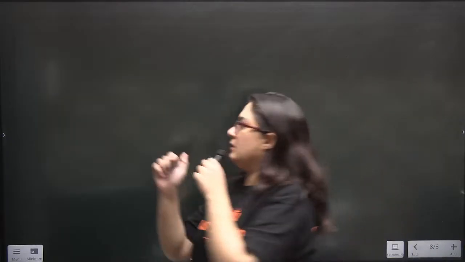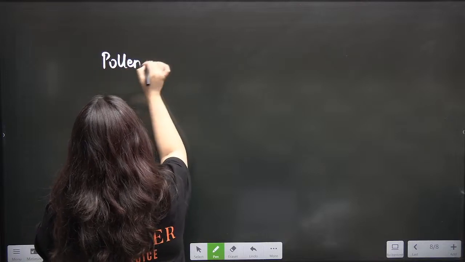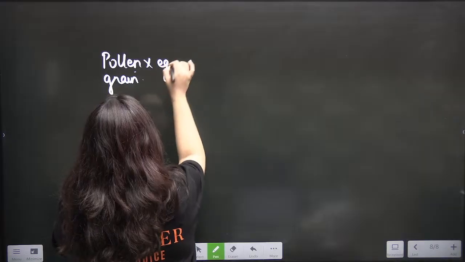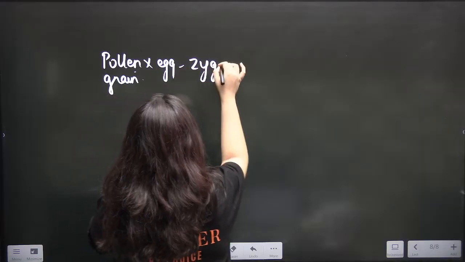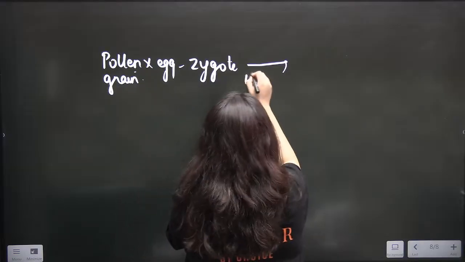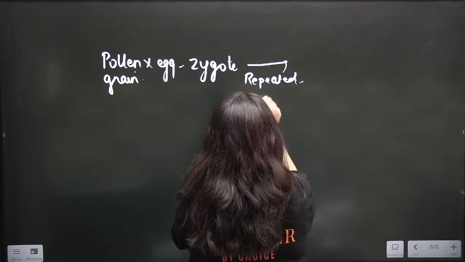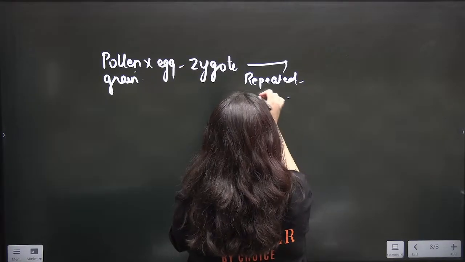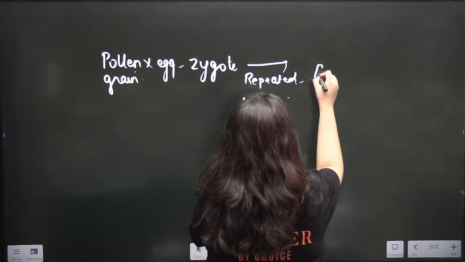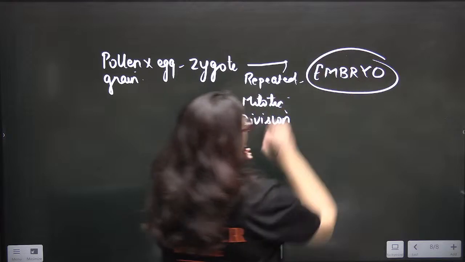Now, when this pollen grain fuses with the egg, fertilization occurs and a zygote forms. Zygote, through repetitive mitotic division, forms the embryo.